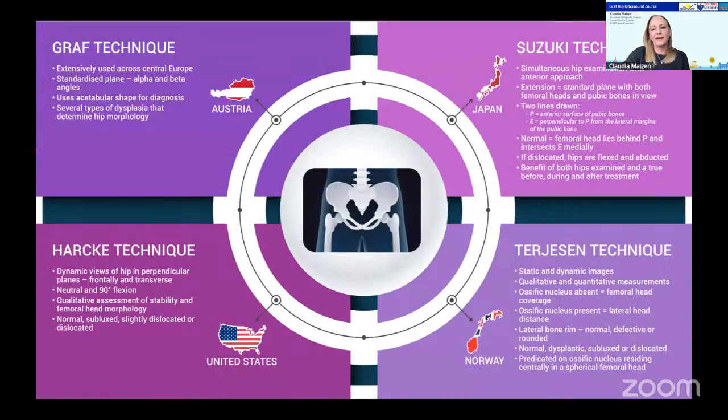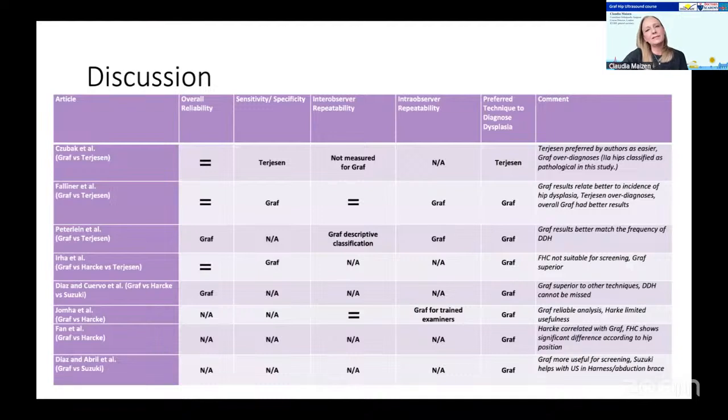When we compare those 4 methods, of the studies that were included, one preferred the Thiersen method, the 50-50 method. The others all preferred the Graf method as being more useful in determining whether a hip is dysplastic, dislocated or normal.